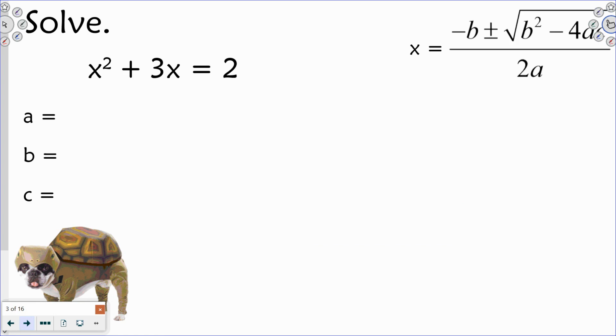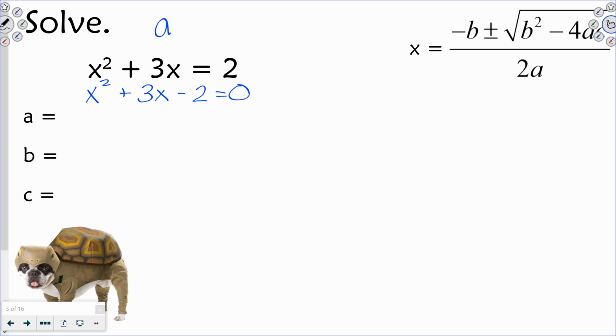All right, so how do we use the darn thing? If you notice on his board, he had it in standard form, and then he had the formula underneath. So every time we start solving, we need to start by putting it in standard form. In other words, set it equal to 0. Rewriting this one, you're going to have x squared plus 3x minus 2 equals 0.